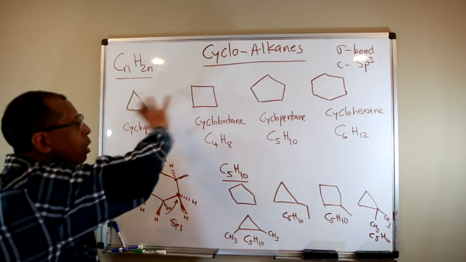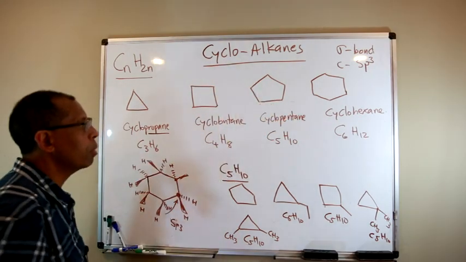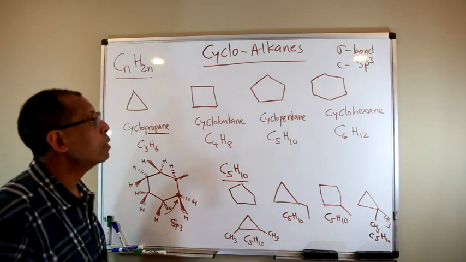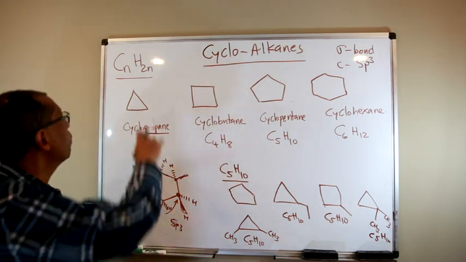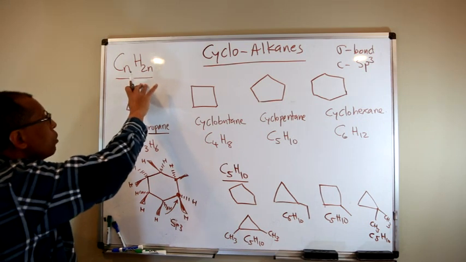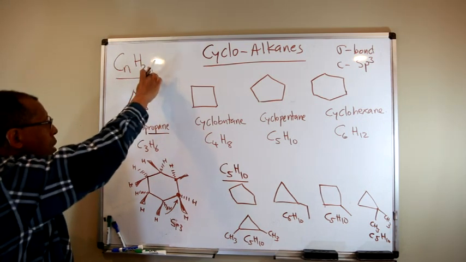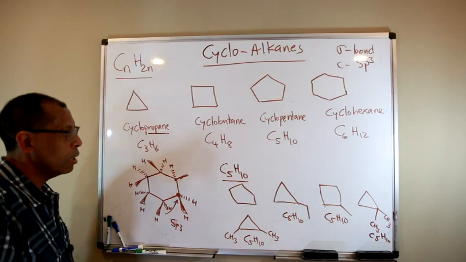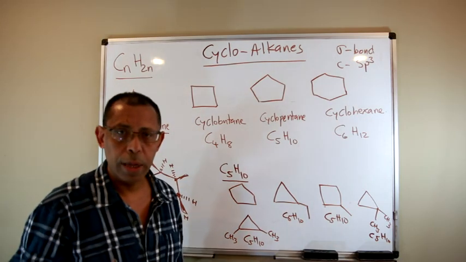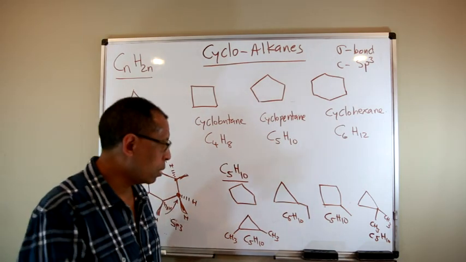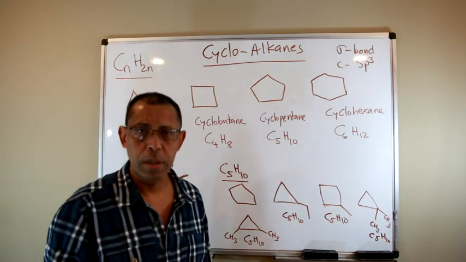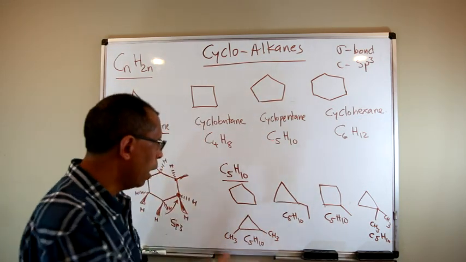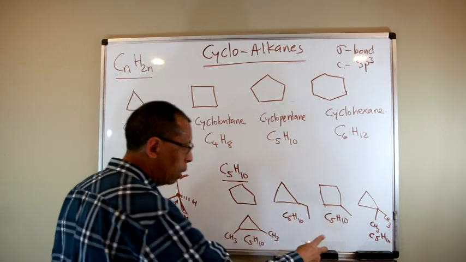So when we say cycloalkanes, they are in cyclic form, they have all sigma bonds, and they are sp³ hybridized carbons. And the formula for the number of hydrogens is CnH2n. Similarly, they have constitutional isomers, that means you have a different way of arrangement in the carbon-carbon bonds, and they are all different compounds.